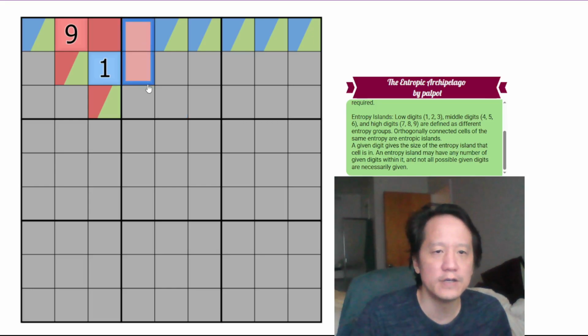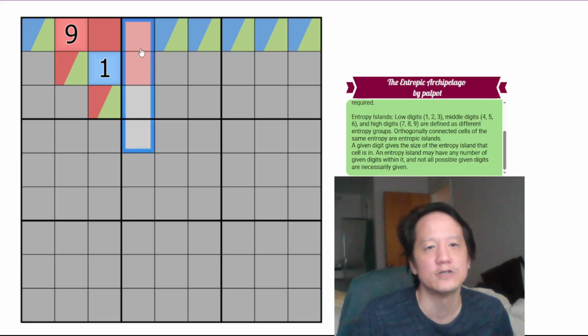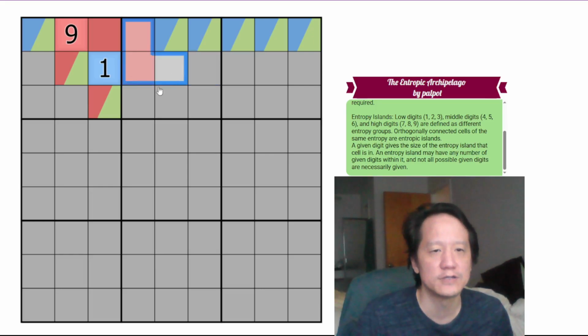We need another medium here, or another high. Well, there's no other way to connect to get 9 digits on the island, except this way. So it would have to connect here and then connect here. Because if we go this way, it can't connect here because that would be 3 high digits, right? It can't connect this way. That doesn't work. So this must be 3 high digits this way.